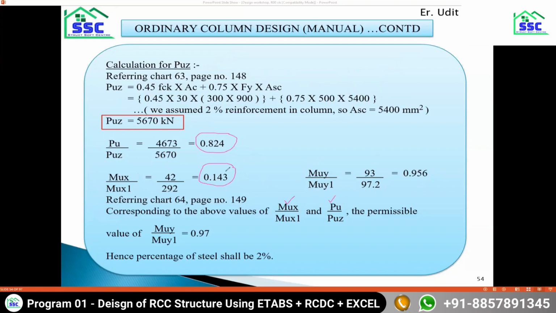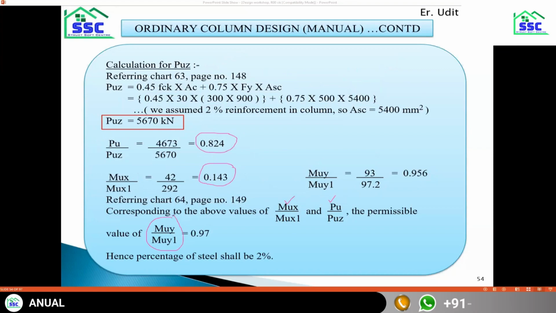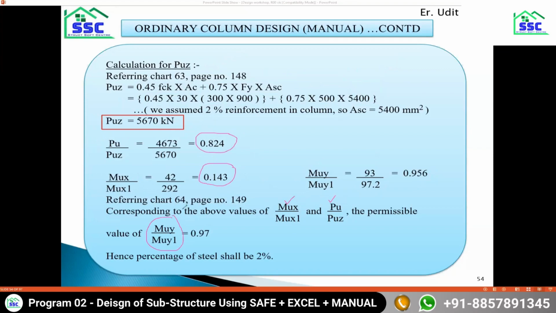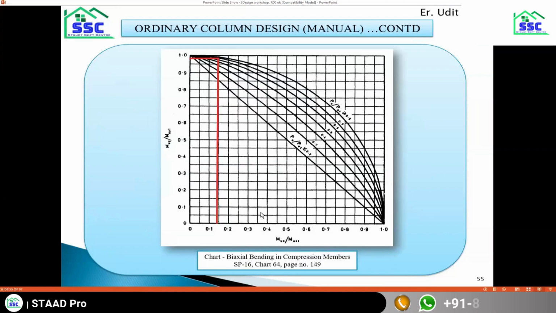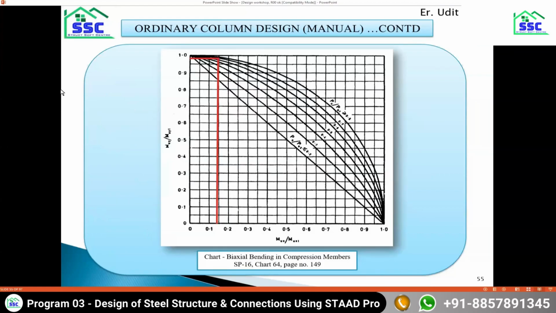And by reverse calculation, I will check what is my value of Muy by Muy1, which is given in chart 64. I have shown this for one case only. Next time I am directly going to skip this part.